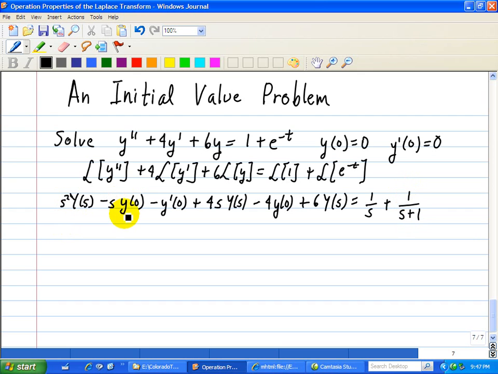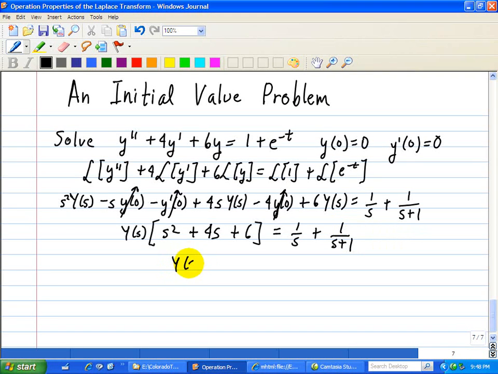We note that the initial conditions here are 0 for both y of 0 and the derivative of y evaluated at t equals 0. So this is 0, this is 0, this is 0, so we can just factor out Y of s. So we have s squared plus 4s plus 6, that's equal to 1 over s plus 1 over s plus 1.